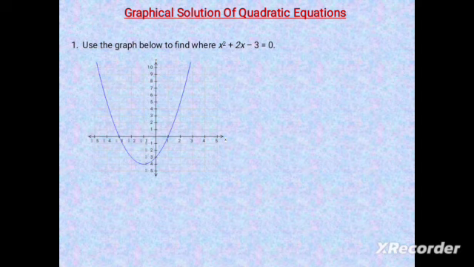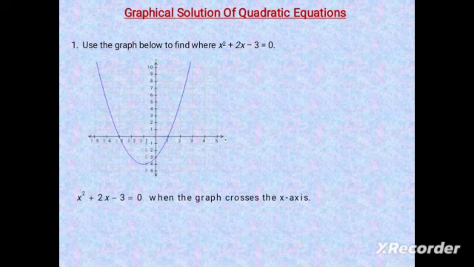So if it is graphically, then of course in this case you are provided with the graph, but normally you are being given a function, then you'll be able to come up with a graphical solution to find the roots or the solution for the quadratic equation.